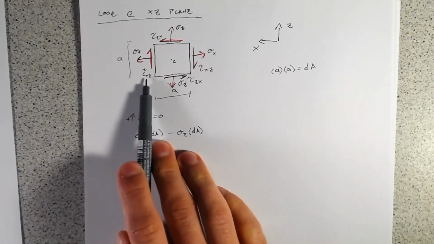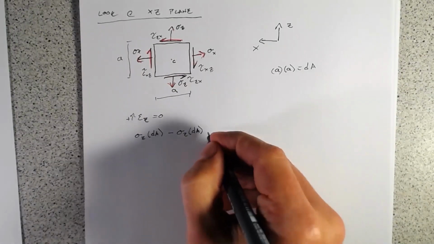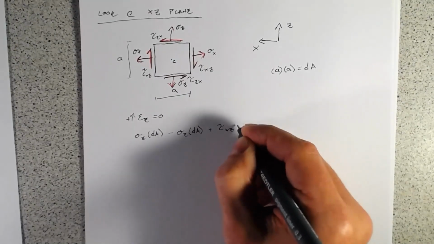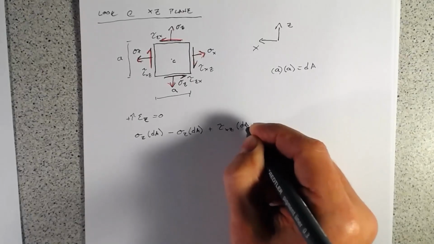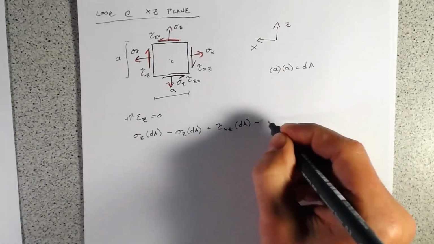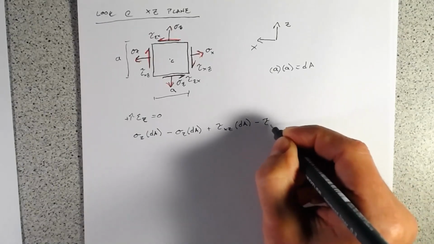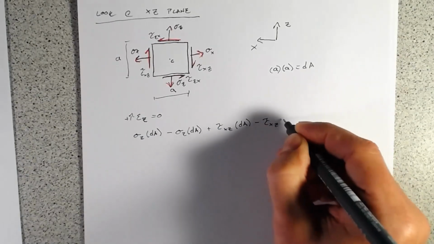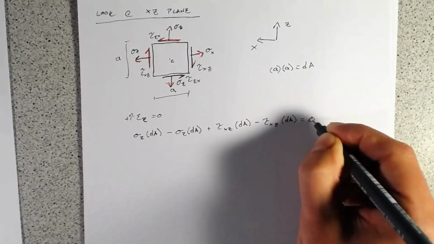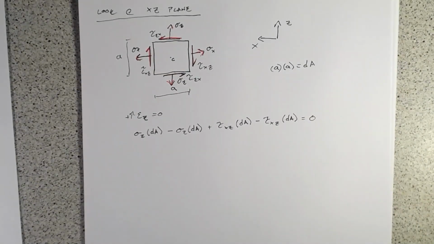Then we have a shear stress over here, plus tau xz times dA, and then minus tau xz times dA, and that all has to equal 0.